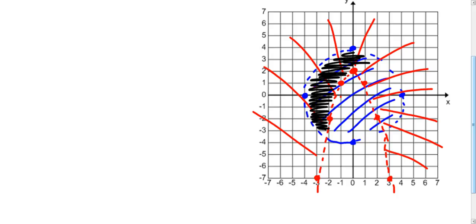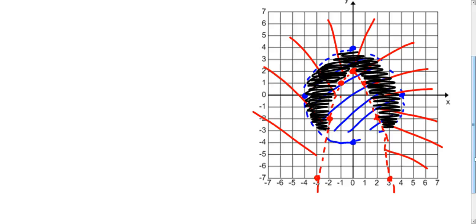I would love it if you would get rid of all other shading. That's really hard to do on the smartboard, so I'm not going to. My solution is to very, very darkly shade in where they overlap, so I have no question that you know where they overlap, and that would be the solution to the system.